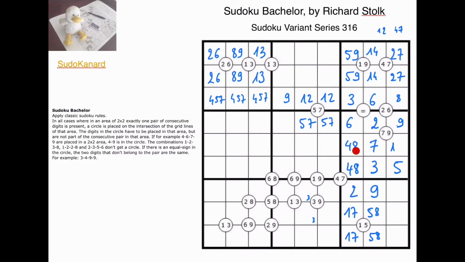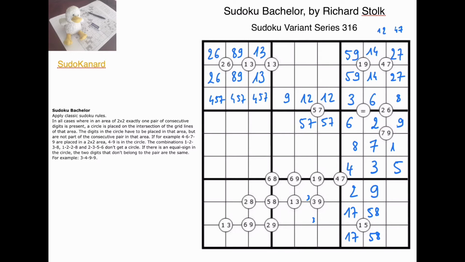Now I can see that 8 must be excluded. No, 8 must be kept here, because if I don't choose 8 here, then I have only 6 and 7 as consecutive digits in this 2x2 block. So I must keep 8 and put a 4 here.